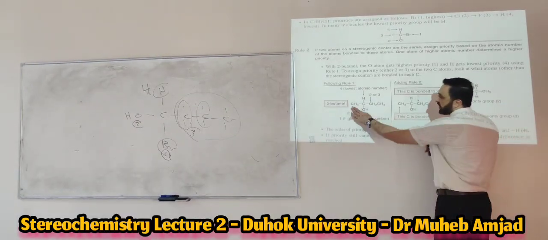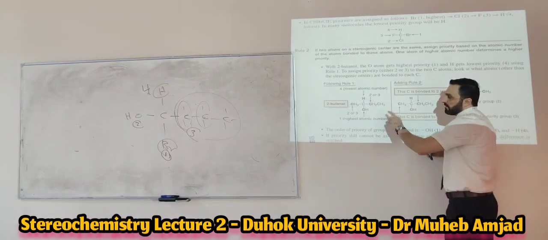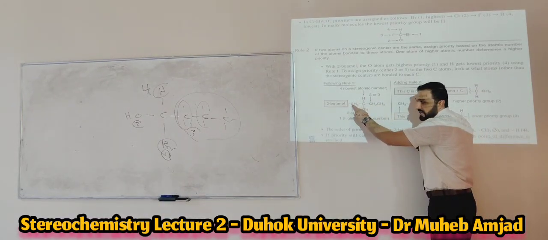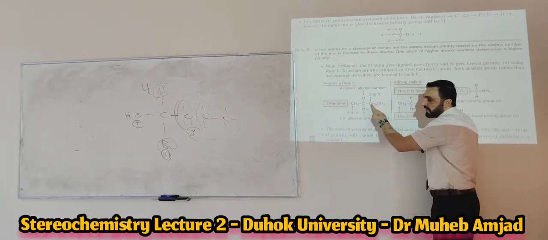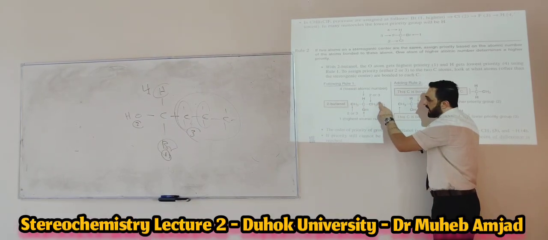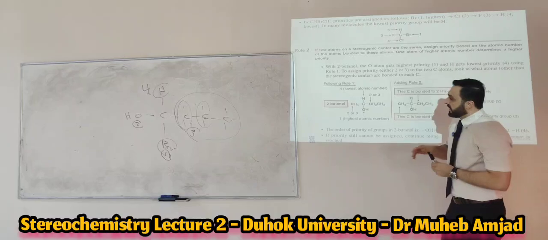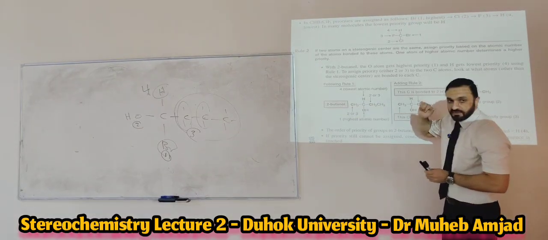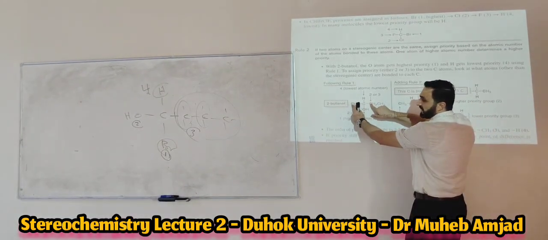Now, these two carbons. This carbon is bonded to the CH3, meaning it is bonded to three hydrogens. And this carbon is bonded to two hydrogens and CH3. There is no difference between these two atoms, so go to the next atom.